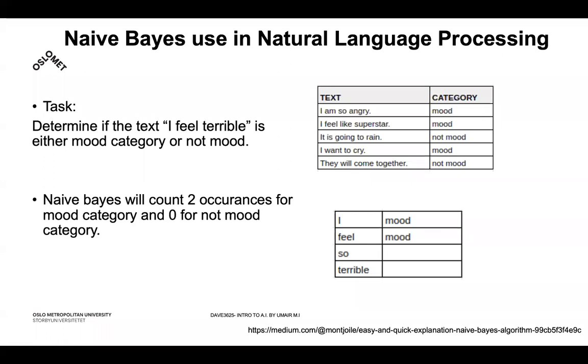So you have to label these categories beforehand, and then based on these categories, it will read through all the text and count the occurrences of the mood category and the occurrences of the ones which are not mood category. If a sentence has more than a specified threshold of mood occurrences, it will flag that you're probably feeling sad or you're probably feeling happy.